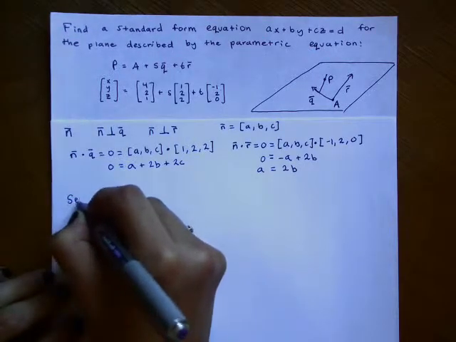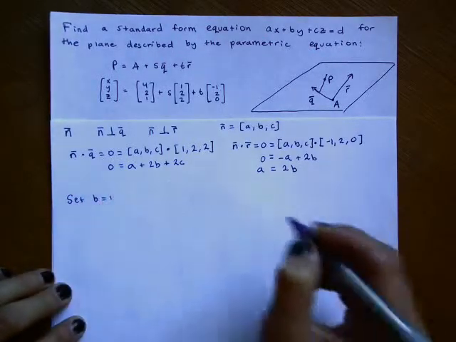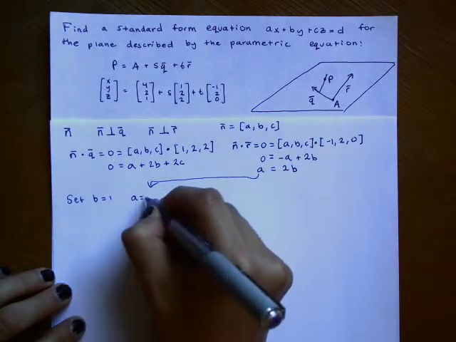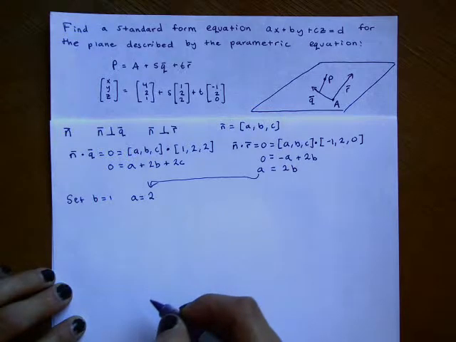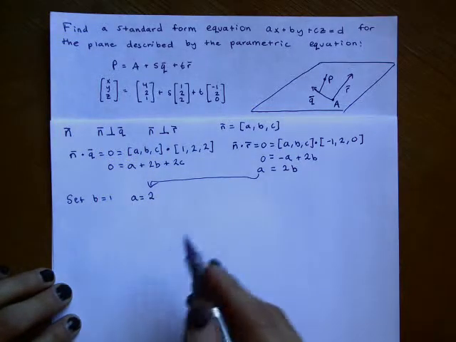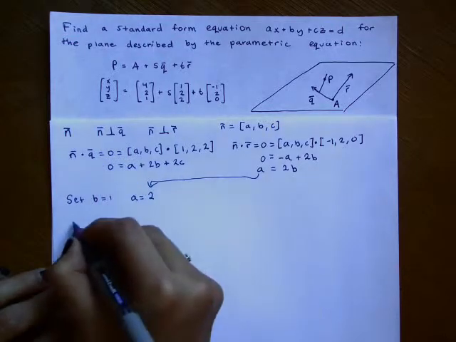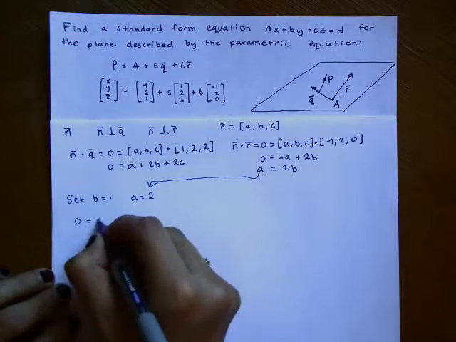So I'm going to set b equal to 1, and using this equation, we know that a then equals 2. Now to find c, I'm going to use this equation here and sub in our known values.